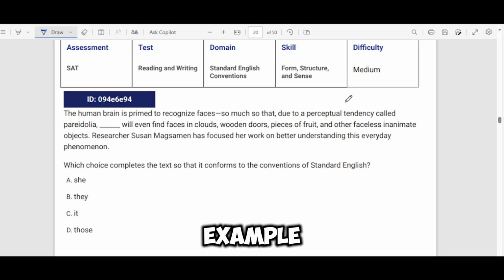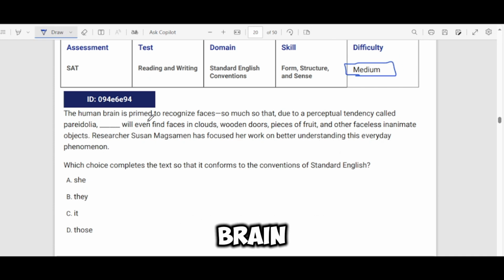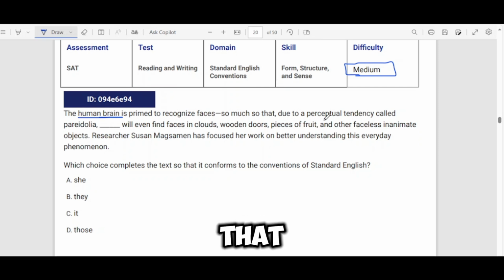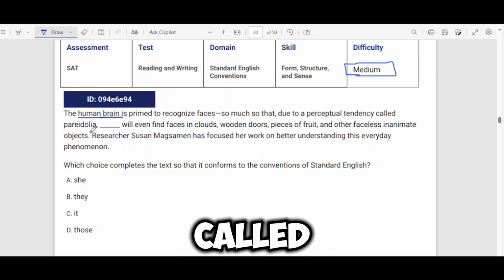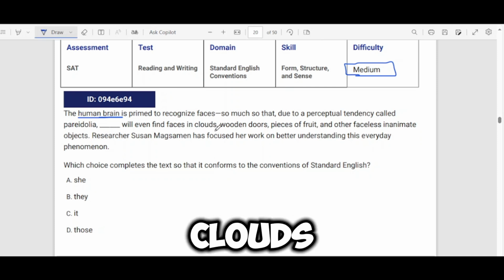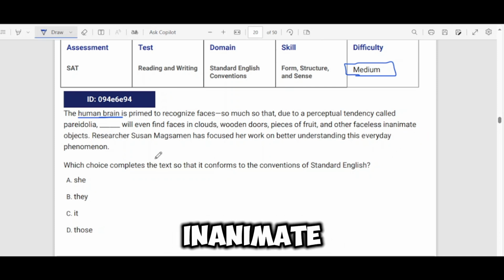So the next example, which is of medium difficulty. The human brain is primed, so they're talking about the human brain, which is singular, is primed to recognize faces, so much so that due to a perceptual tendency called pareidolia, dash will even find faces in clouds, wooden doors, pieces of fruit, and other faceless inanimate objects.